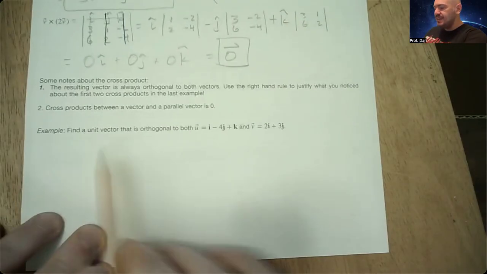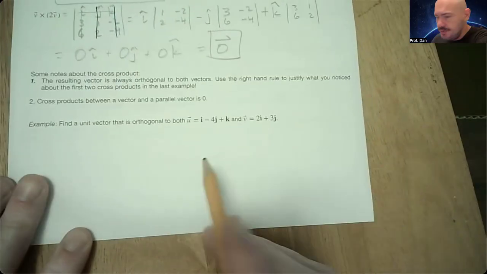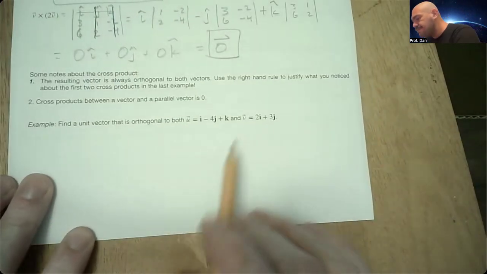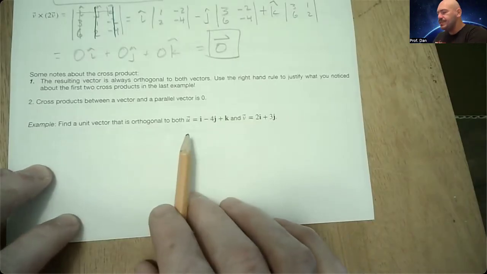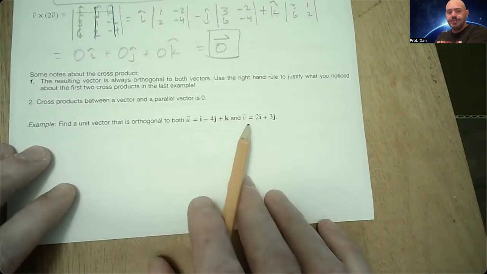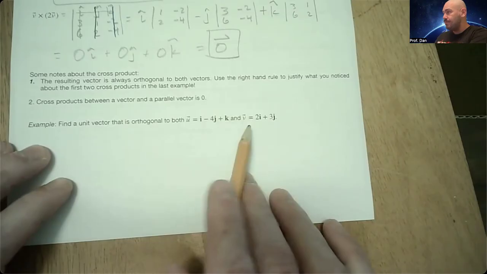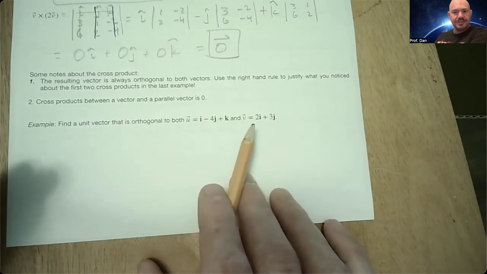Okay, next example. Find a unit vector that is orthogonal to both u and v. So first thing we need to do is figure out a vector that's orthogonal to both u and v. Well, what can I do to find a vector that's orthogonal to both of them? I can find their cross product.